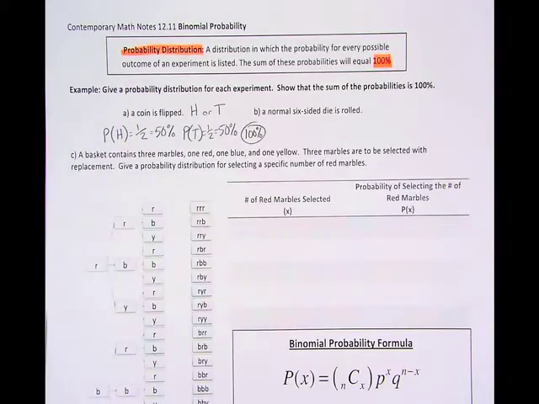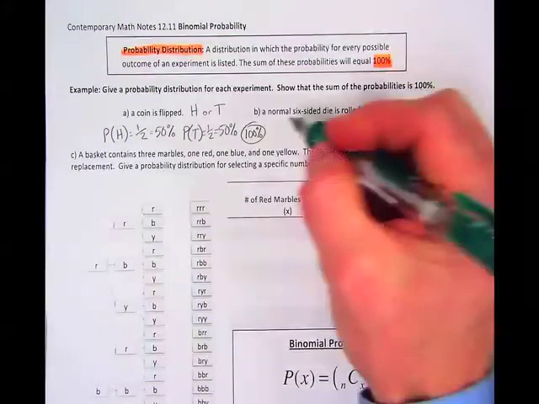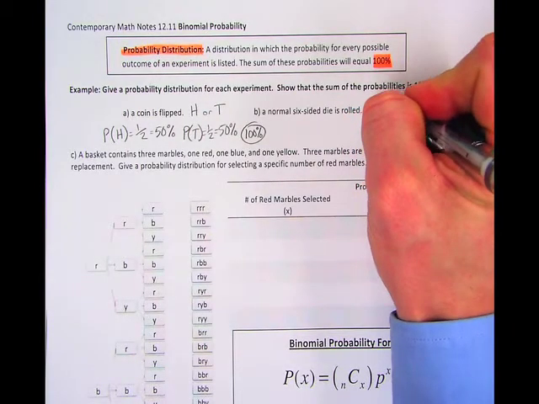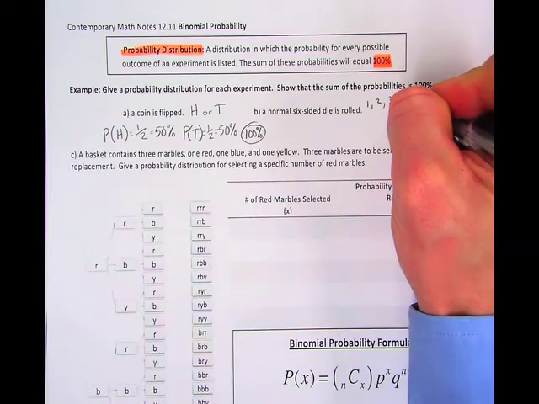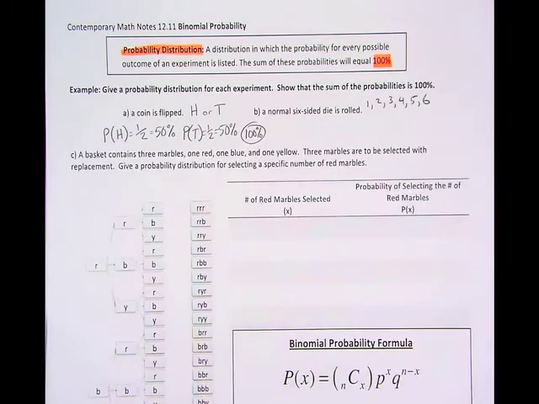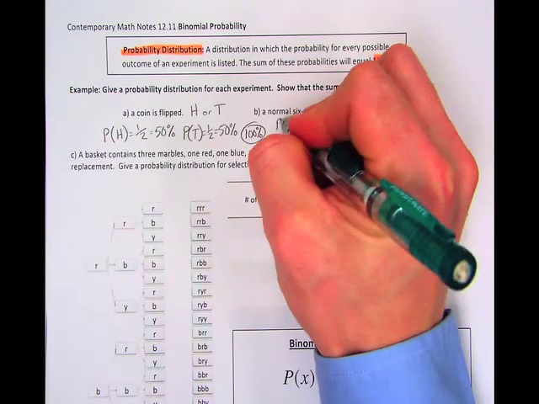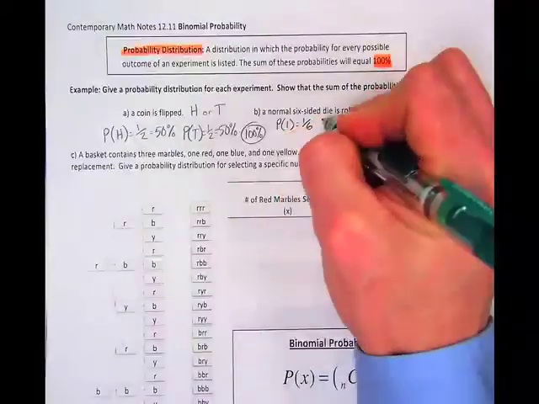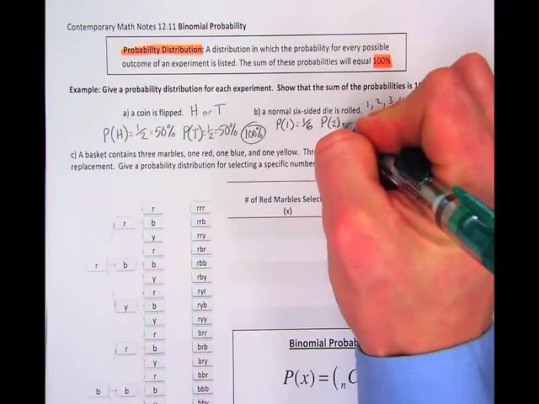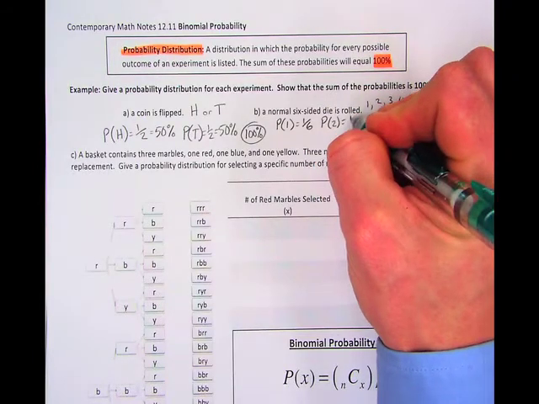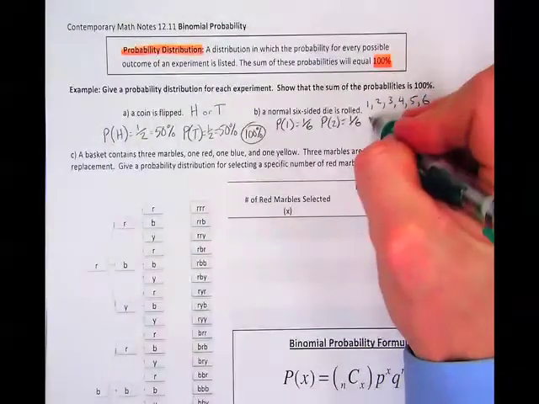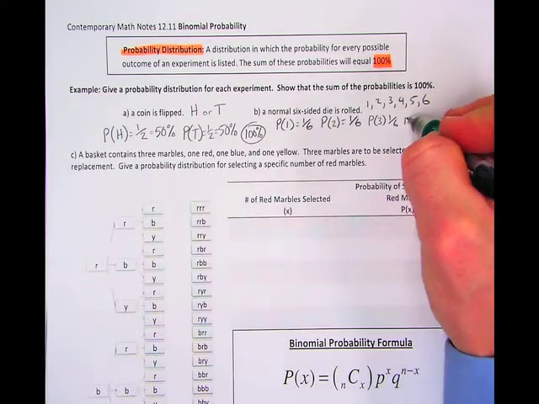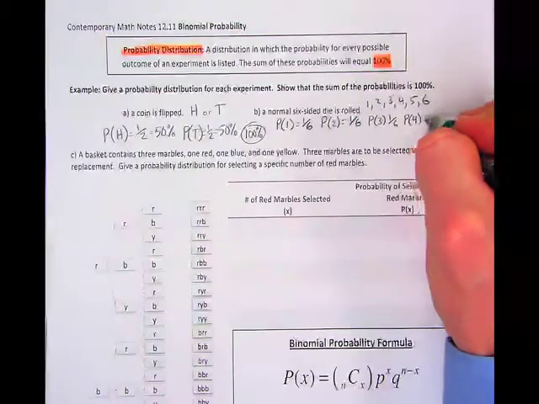Let's try our next one. A normal 6-sided die is rolled. So we can get a 1, a 2, a 3, a 4, a 5, or a 6. The probability of getting a 1 is 1 out of 6. The probability of getting a 2 is 1 out of 6. The probability of getting a 3 is 1 out of 6. The probability of a 4 is 1 out of 6.